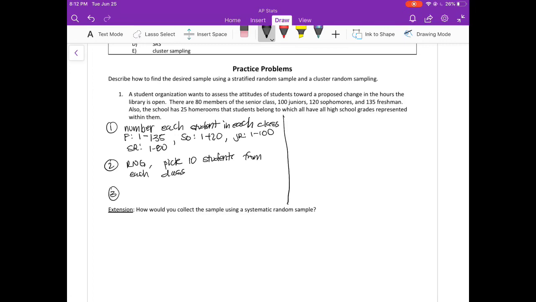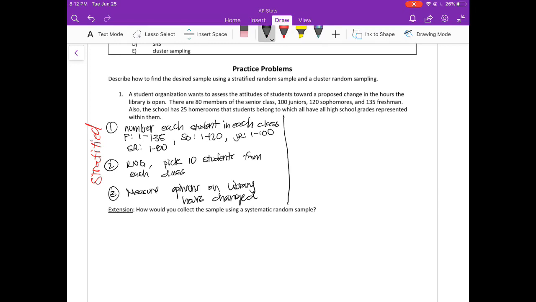Okay, and then for 3, we are going to measure opinions on library hours changed. Okay, so now that's for a stratified random sample. What happens if they're asking us to do a cluster?